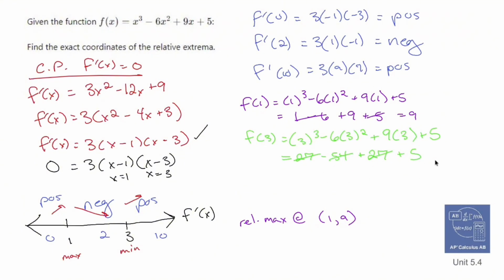And so you get 5, which means my relative minimum is going to exist at the point 3, 5. And that is how you do it.